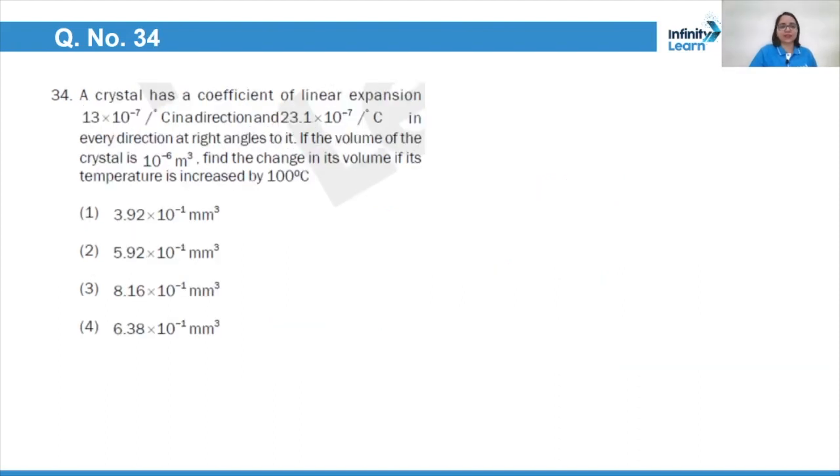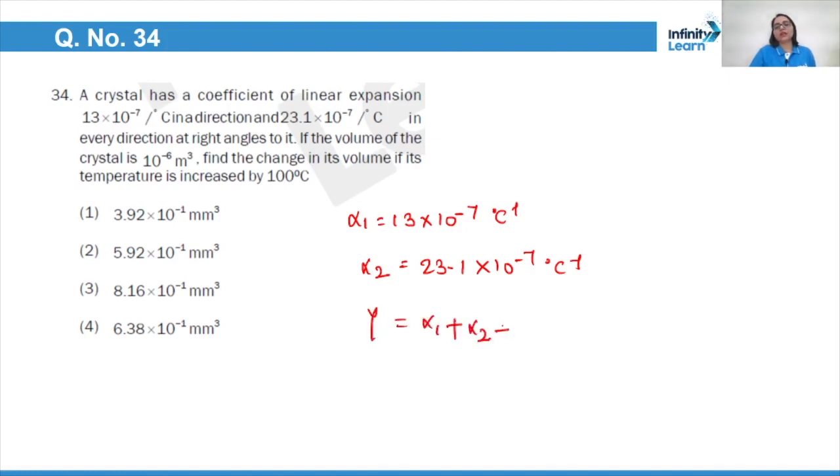Next is question number 34. A crystal has coefficient of linear expansion alpha 1 as 13 into 10 power minus 7 degrees Celsius inverse in one direction and alpha 2 as 23.1 into 10 power minus 7 degrees Celsius inverse in every direction at right angles to it. So you can write gamma is equal to alpha 1 for one direction, alpha 2 for another, and alpha 2 for another. So it is alpha 1 plus 2 alpha 2. This is our gamma.